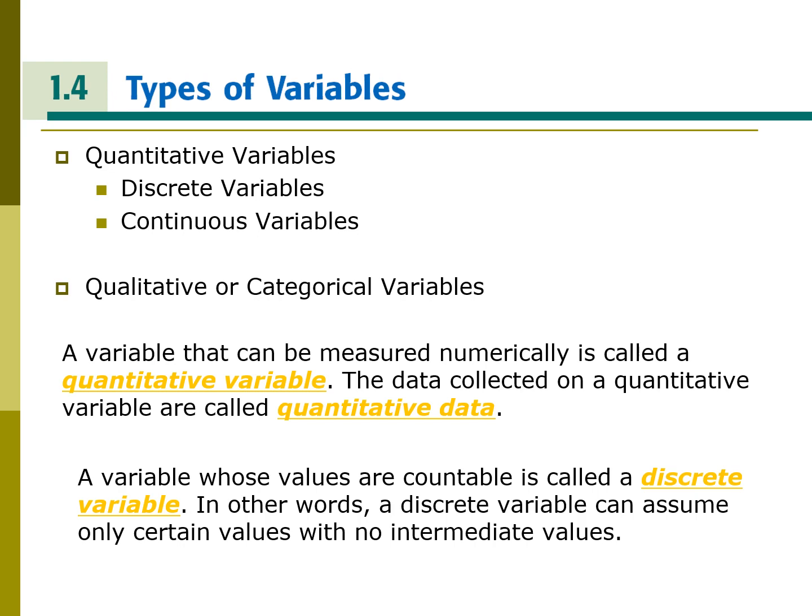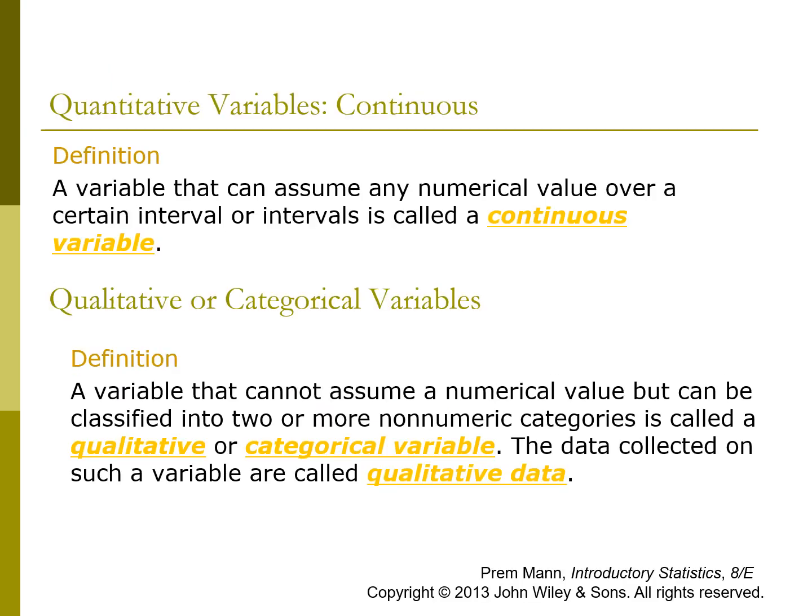These are discrete. Or a continuous variable assumes numerical values over a certain interval. So between 0 and 1, you can have so many values. 0.1, 0.2, 0.3, these are all continuous.